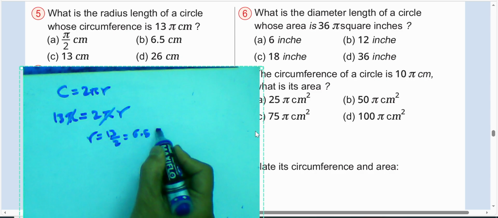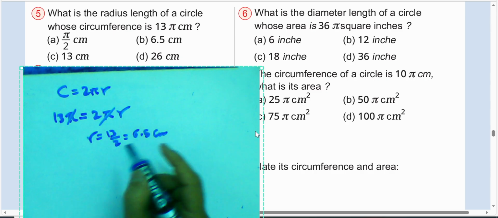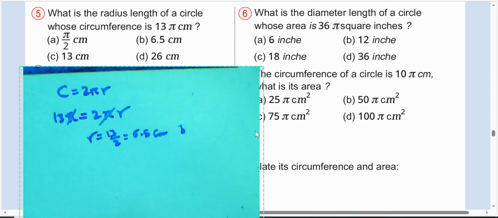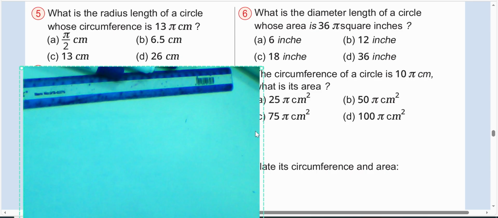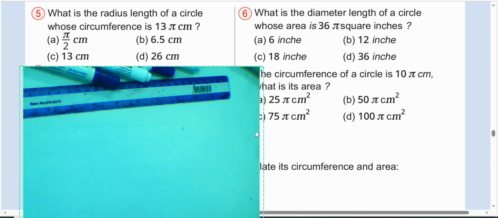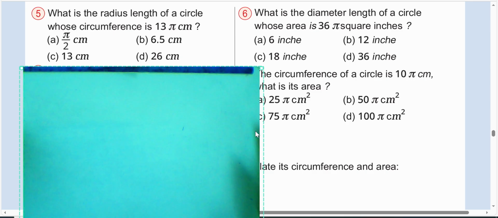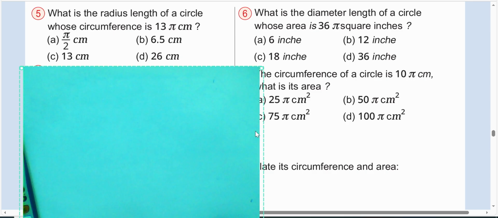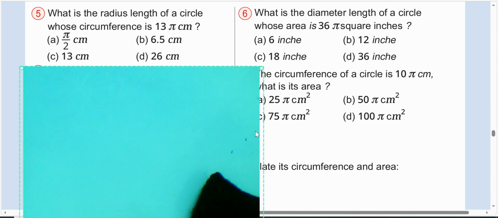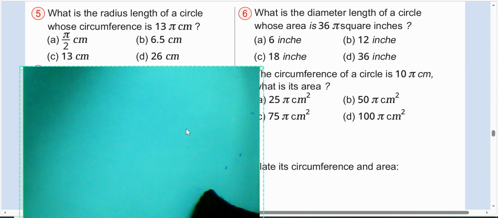It will be 6.5 centimeters. Choose letter B. Number 6. What is the diameter length of a circle whose area is 36 pi? Okay, we know the area of a circle equals pi r power 2.